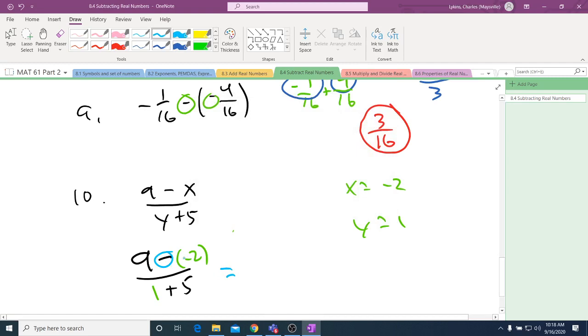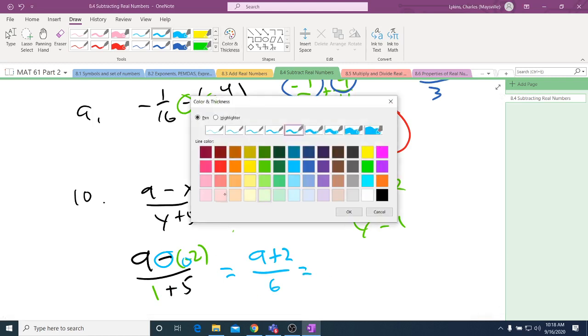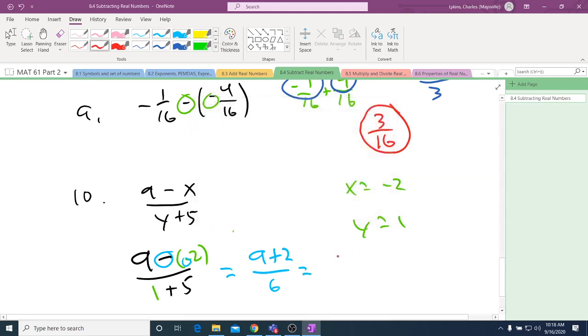Okay, these signs, subtract the negative gives you a positive. So that's going to be 9 plus 2 over 1 plus 5, which is 6. So finally, 9 plus 2 is an 11 over 6. Or if you put it in a mixed number, if it's asking you, that means 6 goes into 11 one time, with 5 remaining over whatever our denominator is, in this case 6.